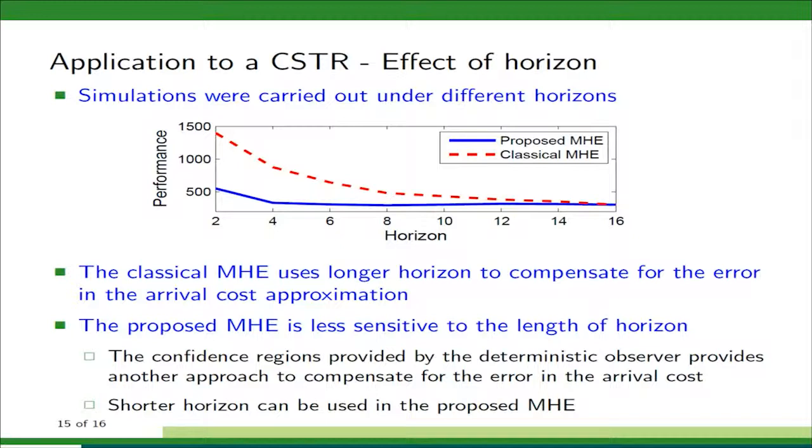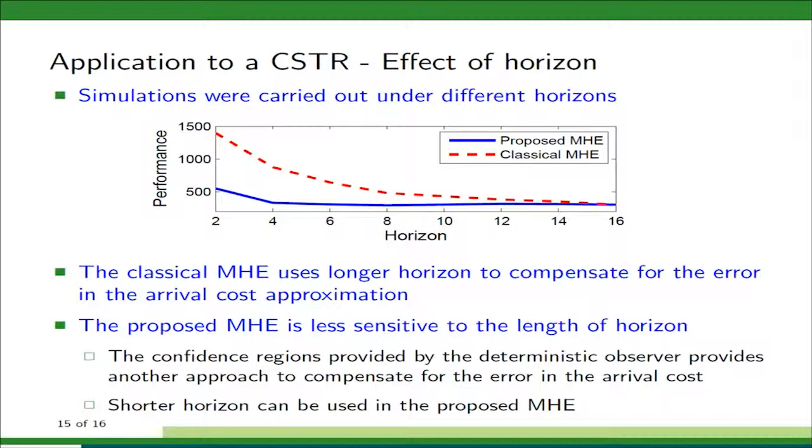We have also studied the effect of the length of the moving horizon estimation schemes. Basically, we carry out simulations with different horizons. From this plot, what we can see is that the proposed moving horizon estimation has relatively small dependency on the size of the horizon.